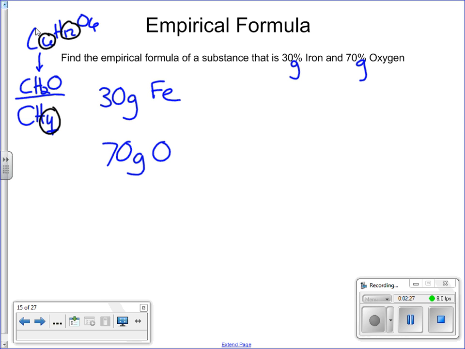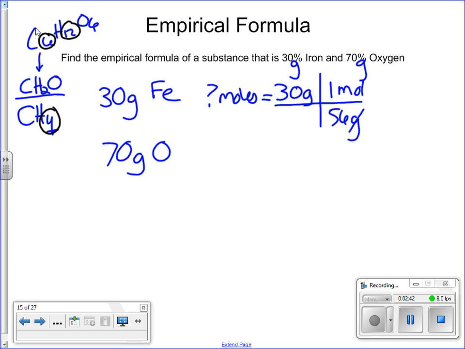If 1 mole weighs 56 grams, it should be less than 1 mole. I'm looking for moles. I'm starting with 30 grams, and I know that 56 grams is 1 mole. Grams cancel. If I have a calculator handy, I'm looking at 30 divided by 56, and I end up with about 0.54 moles of iron.